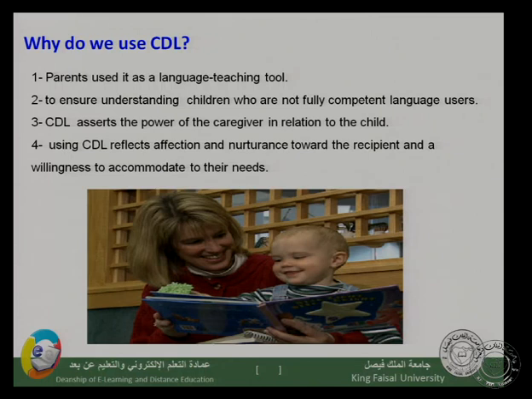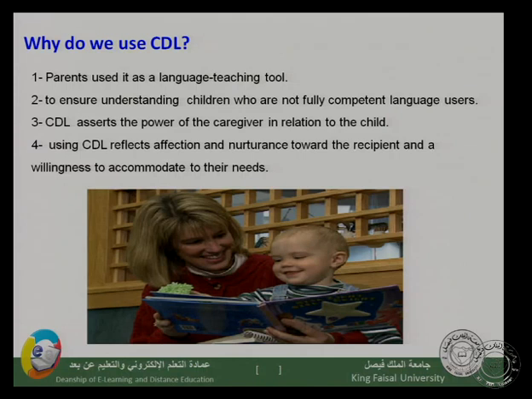So by using this directed language, which is full of sentences that indicate power, by allowing the caregiver or the babysitter to command the child by telling him to do this and not to do that, by using instructions, by using directives, he or she is asserting his power as a caregiver or the power as a babysitter in relation to the child.